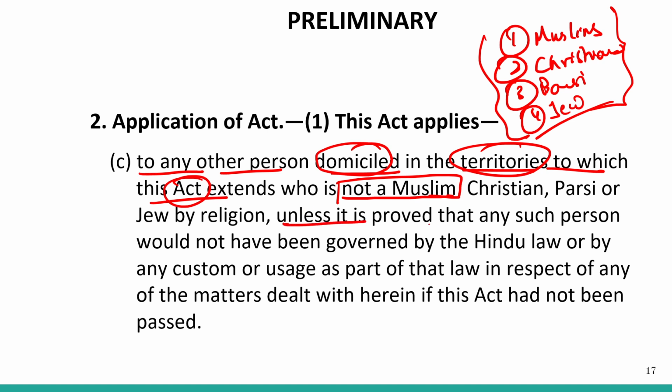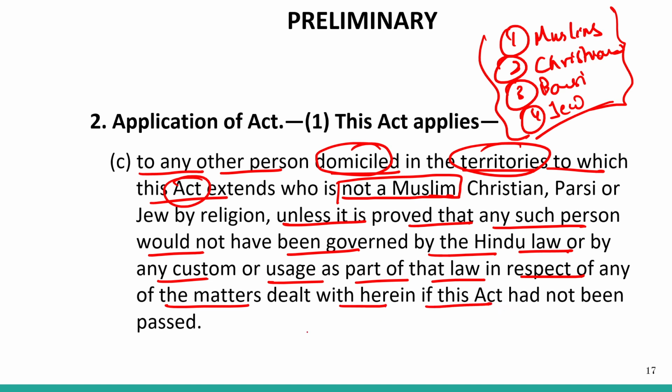until and unless it is proved that any such person would not have been governed by the Hindu law or by any custom or usage as part of that law in respect of any of the matters dealt with herein, if this act had not been passed. Meaning, these four will not be included, that is for sure.